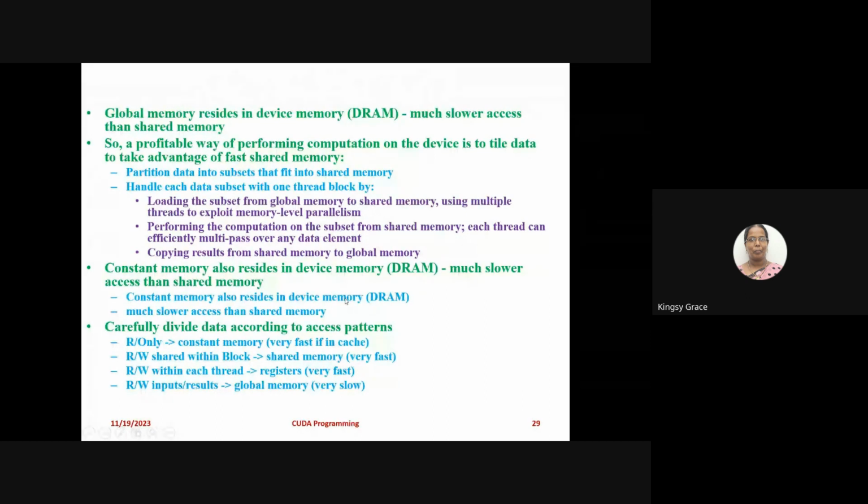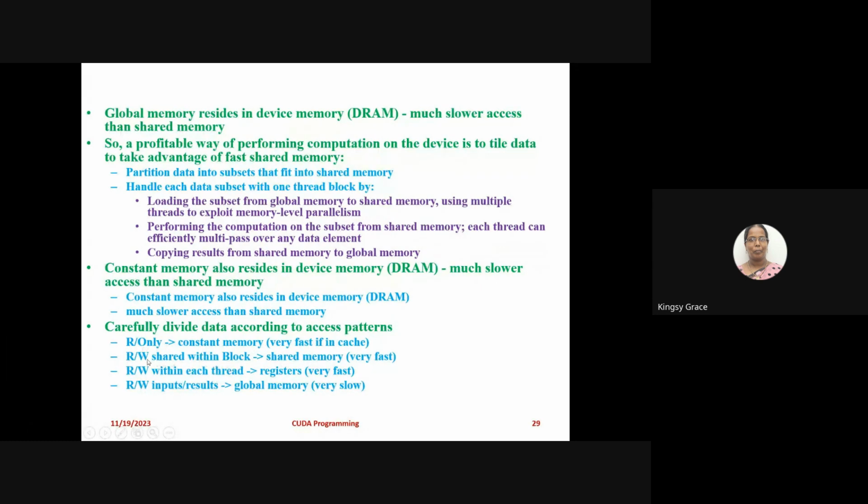If you want to store some constant, that is also stored in the device memory. If you want to store something in the different types of memories, you have to be careful. Constant memory is read only.